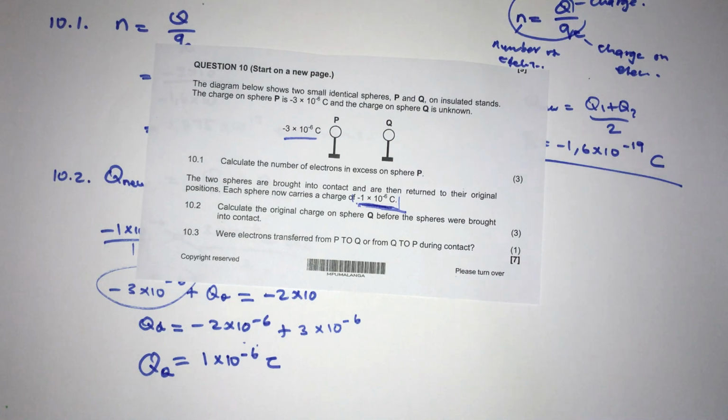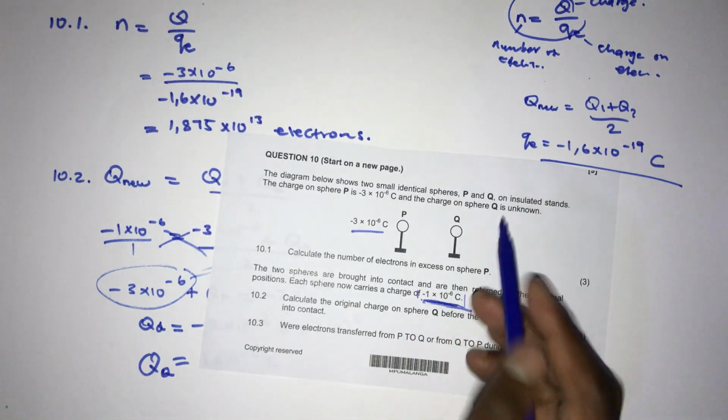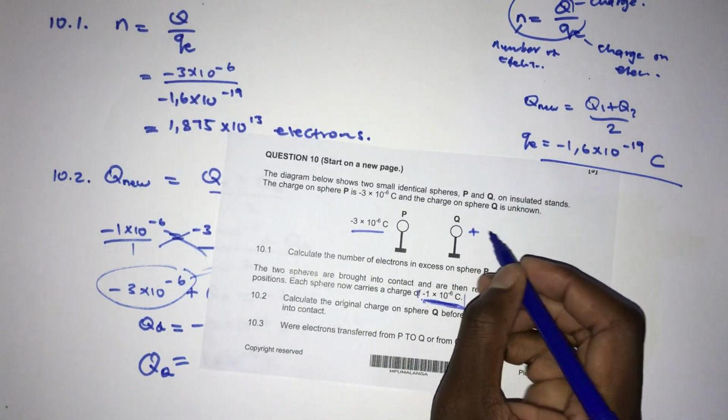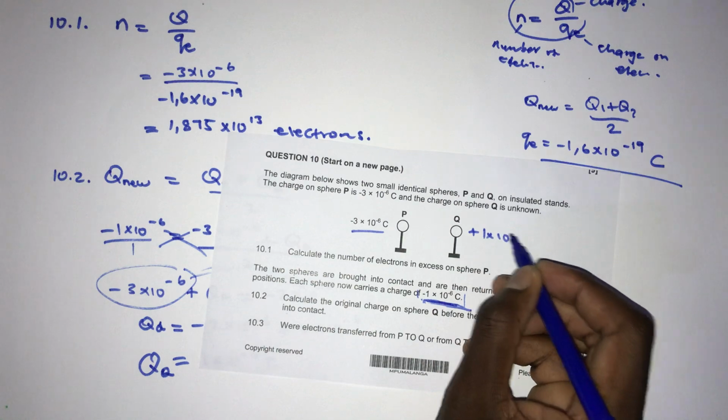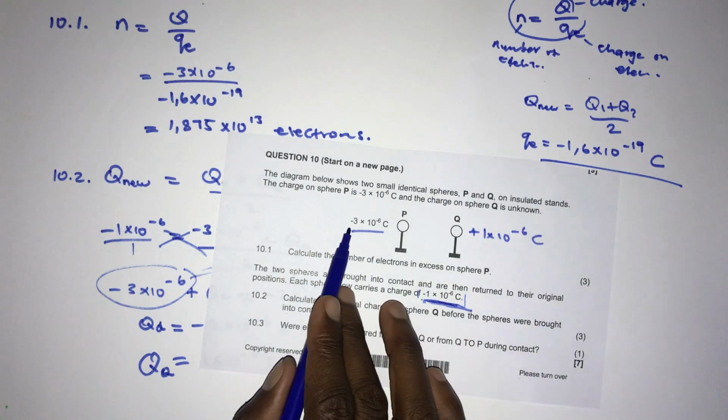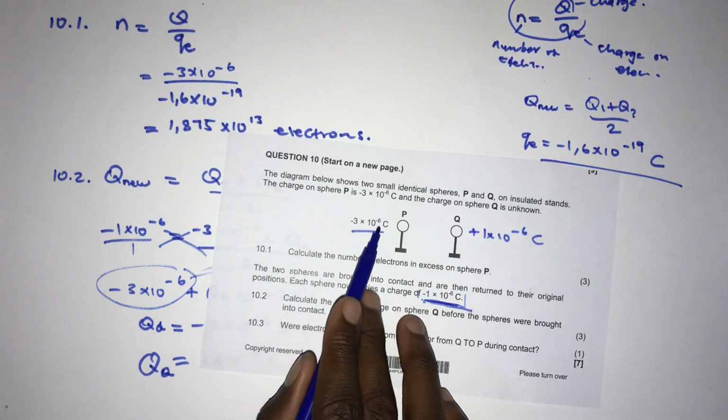Since electrons are negatively charged, now we have positive: this one is 1 times 10 to the -6 coulomb, and this one is -3 times 10 to the -6 coulomb.